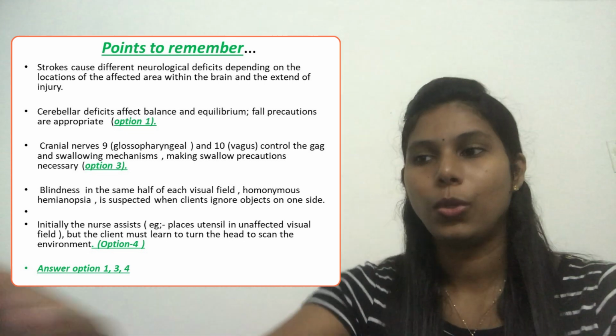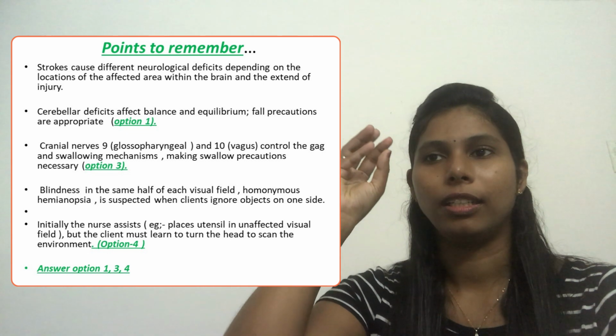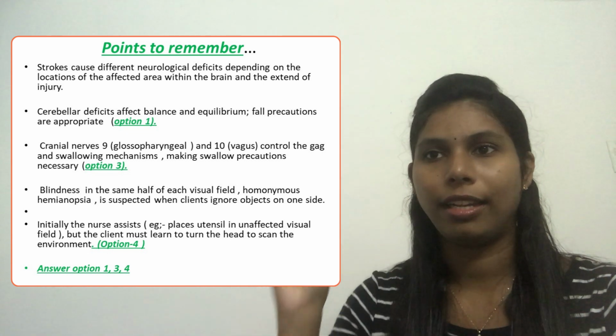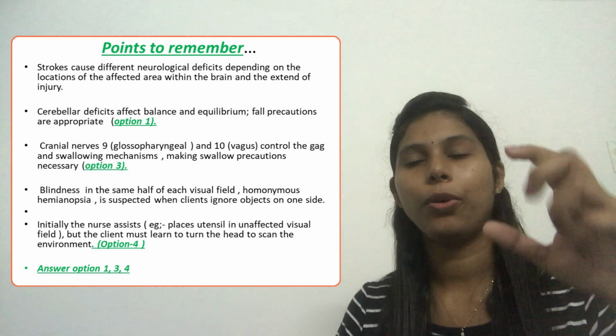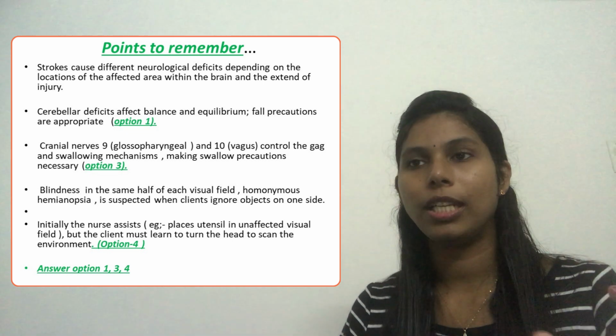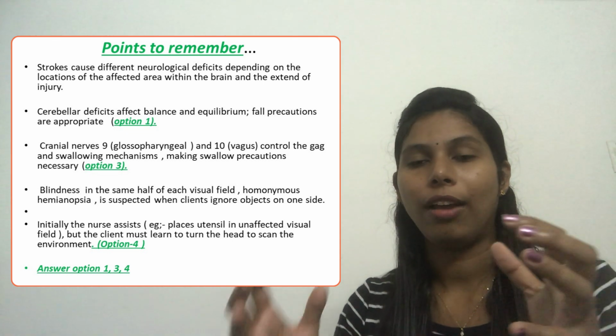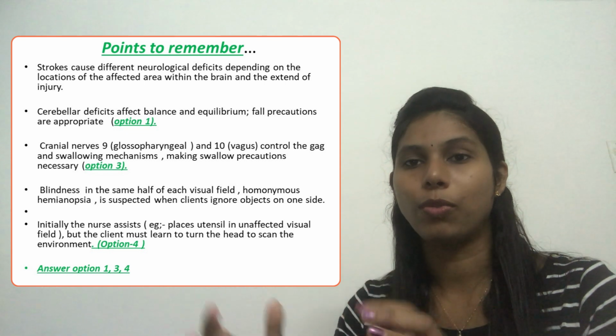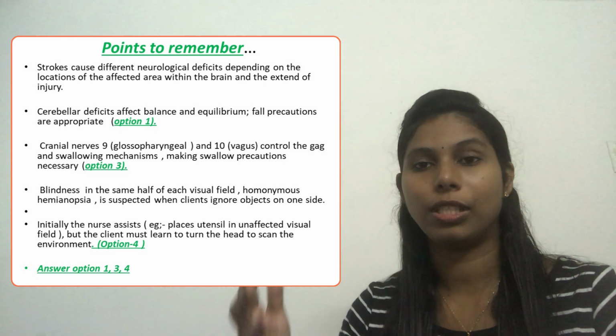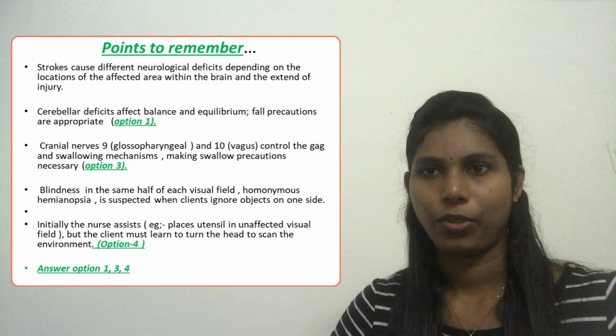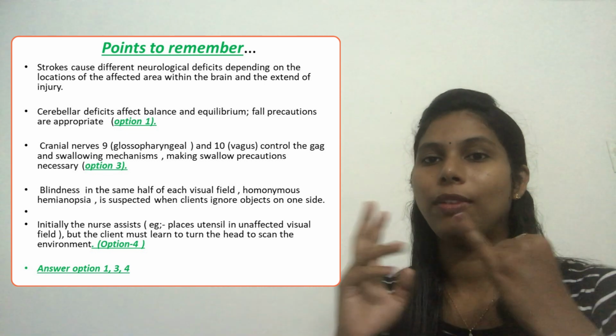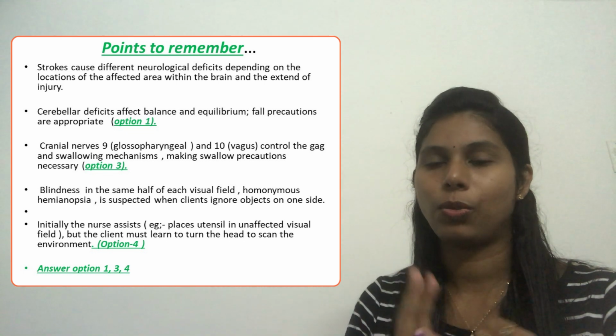When the client has a problem with cranial nerve 9 and 10, swallow precautions should be initiated, because 9 and 10 help the mechanism of swallowing and the gag reflex. If they are affected, it will impair the gag reflex and the swallowing also.